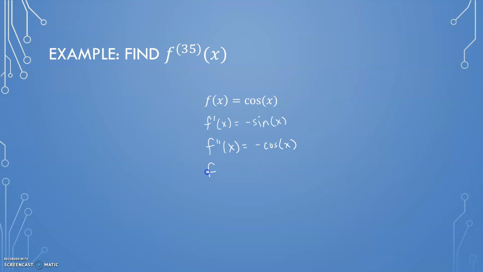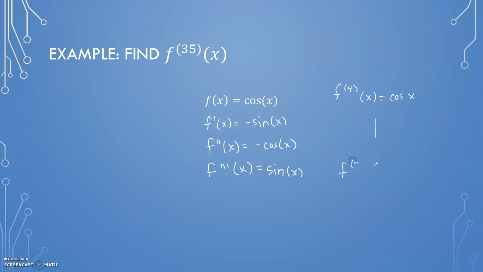And if I take the third derivative, I would get positive sine. And if I take the fourth derivative, I get cosine again. And so I just keep kind of cycling through that.